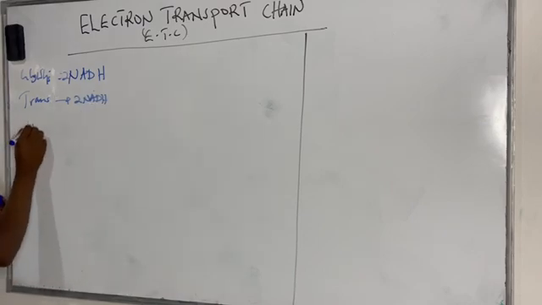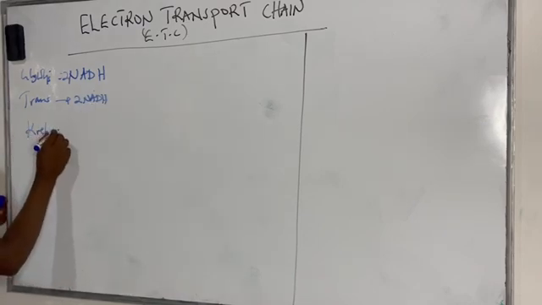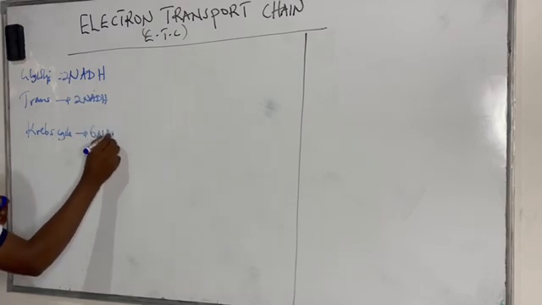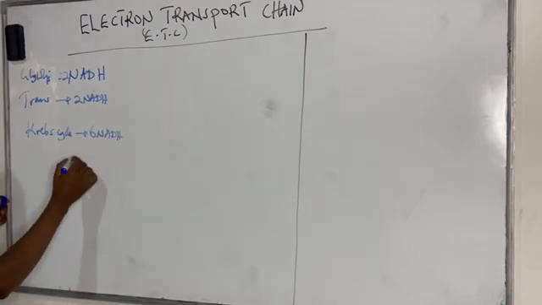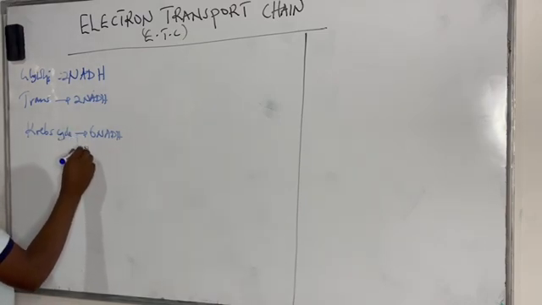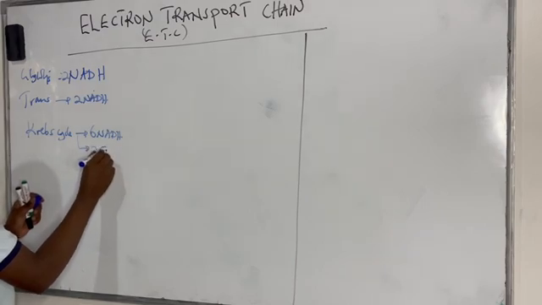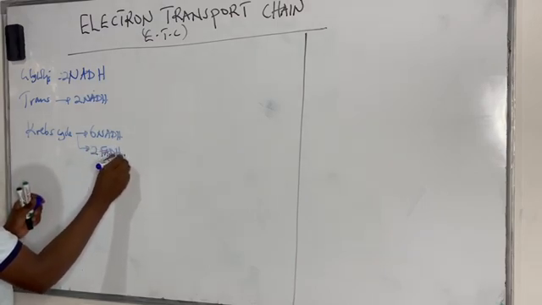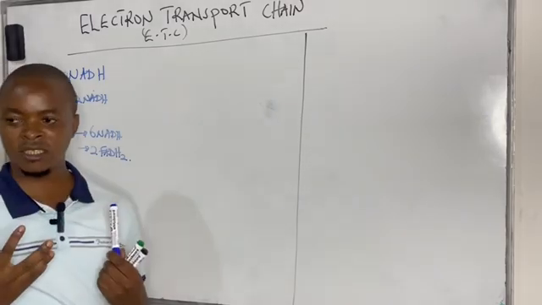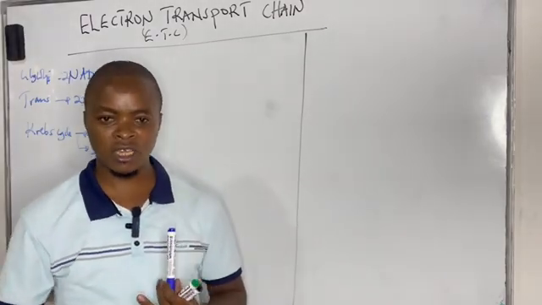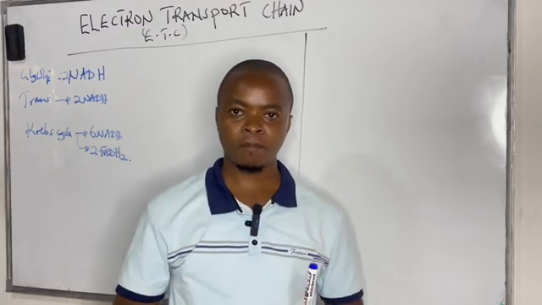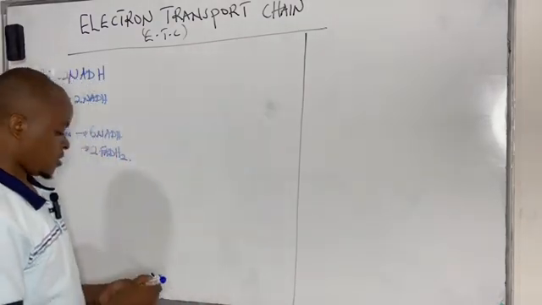Then in the Krebs cycle, for 2 molecules of acetyl-CoA, we are producing 6 NADH plus 2 molecules of FADH2. So these are the products of carbohydrate metabolism under glycolysis, under the transition state, and under the Krebs cycle.